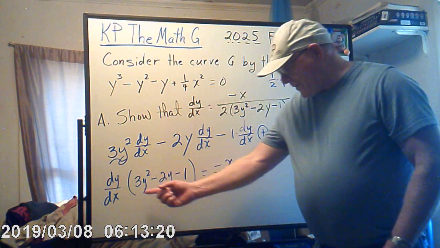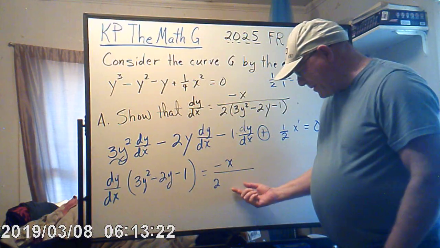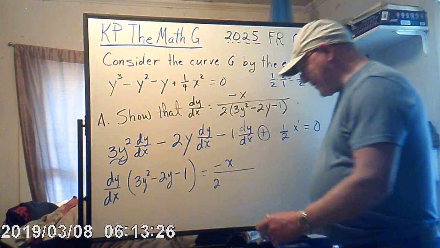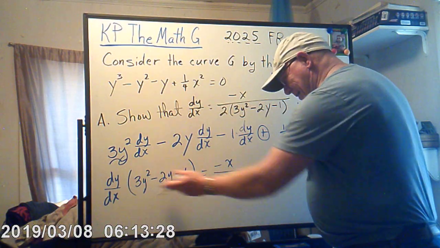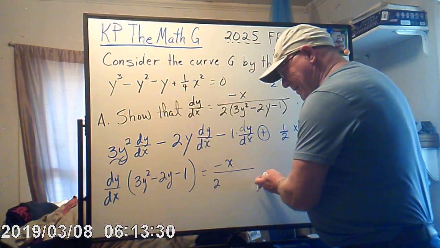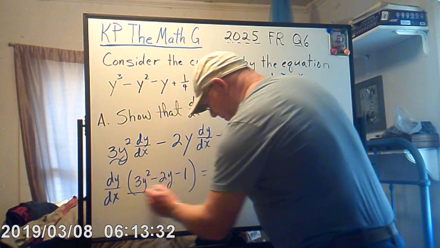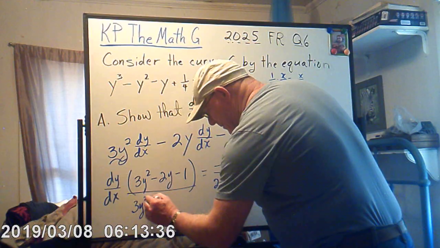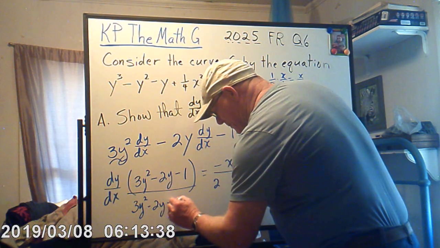Now we've got to divide this. Notice I put the 2 on the side for a reason, right? When you divide this, all you're doing is putting this in the denominator here. So we're dividing this side by 3y squared minus 2y minus 1.